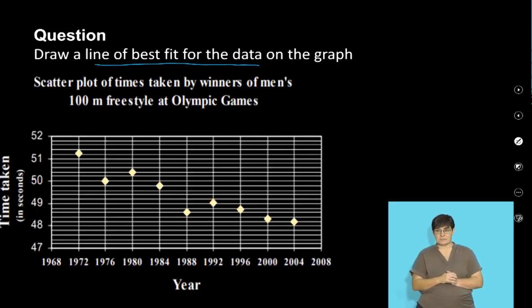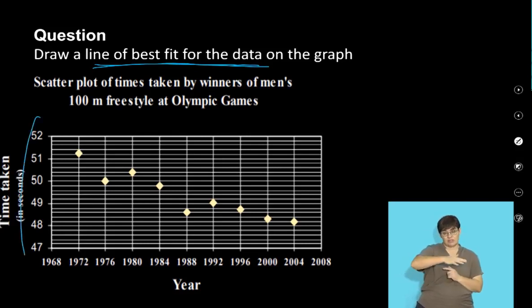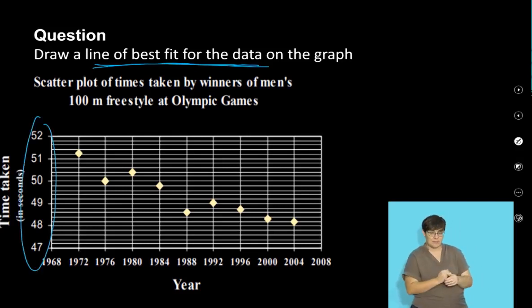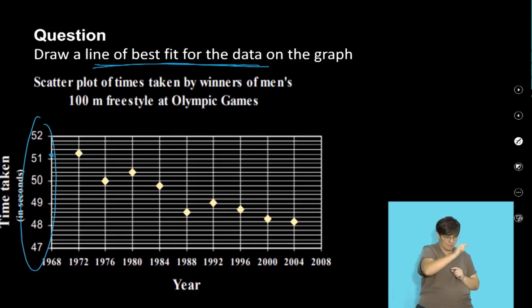Let's see that question. So we're talking about the line of best fit. We have to calculate the average times, but the times are there. Can you see? It's not exactly 52 or 51. Those are the average times for all those points. If I do that, this is what I get. Okay, this is my line of best fit.